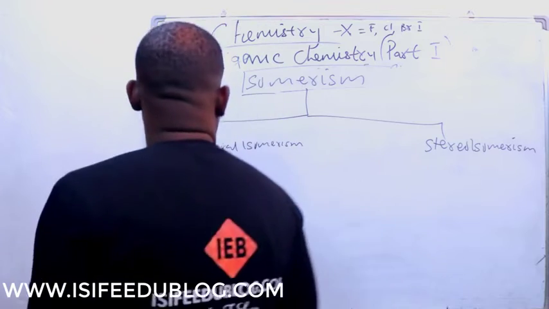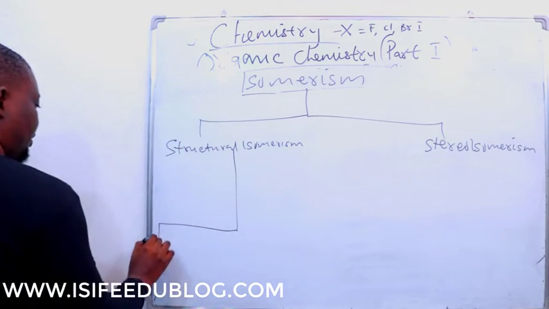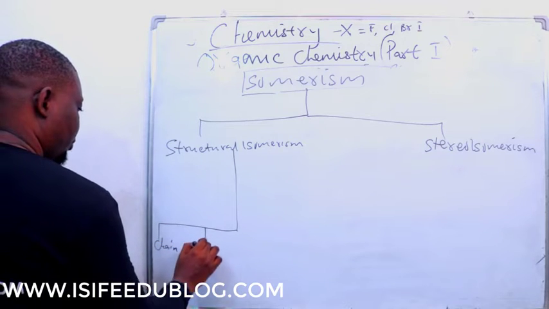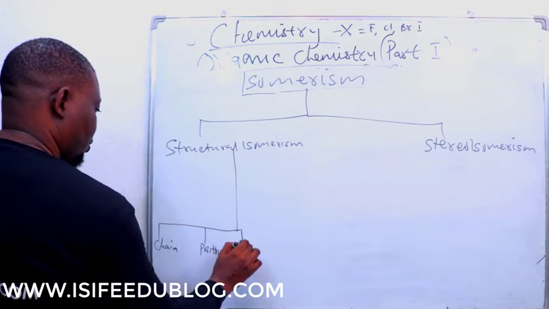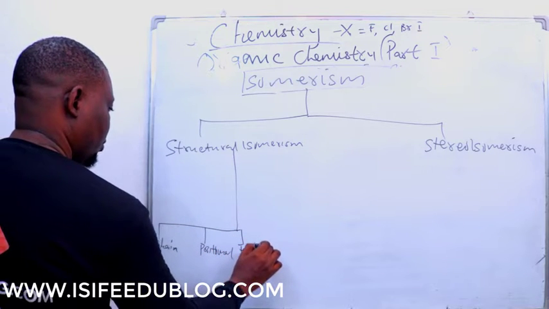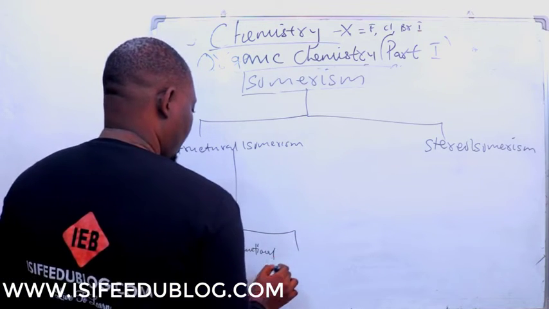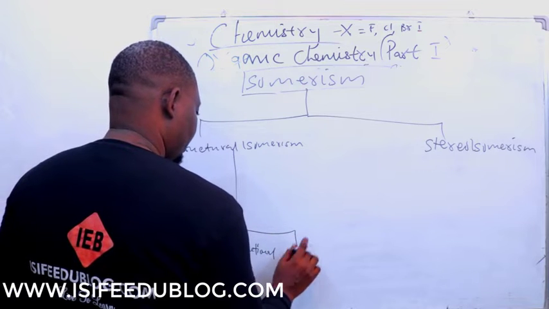Okay. There are 6 types of structural isomers. 1, we have chain. 2, we have positional. 3, we have functional group. 4, we have metamerism.